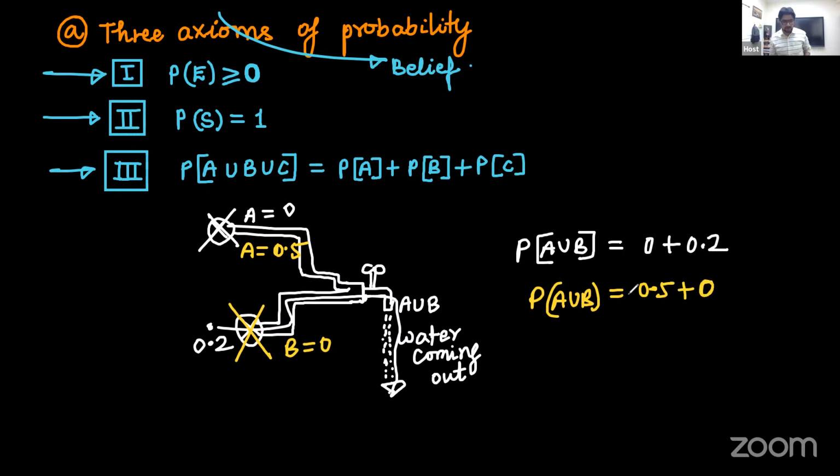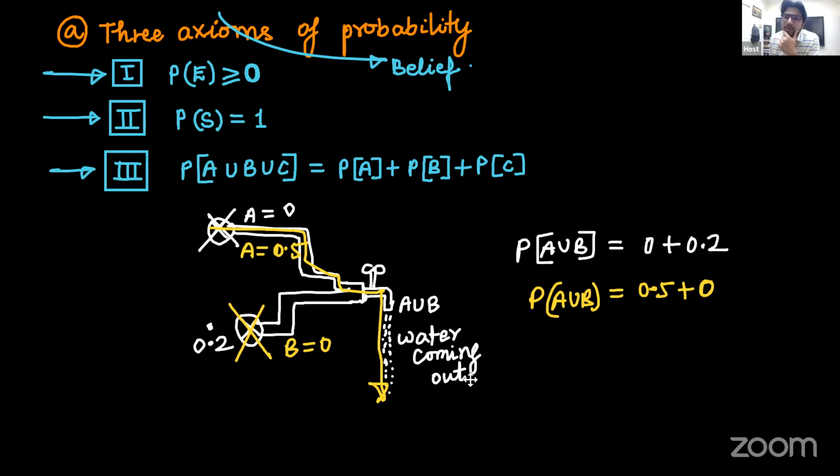The second supply line has been choked, even then the first supply line has 50% chances, so water coming out will also have 50% chances.